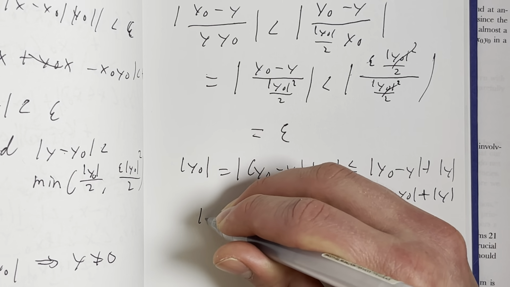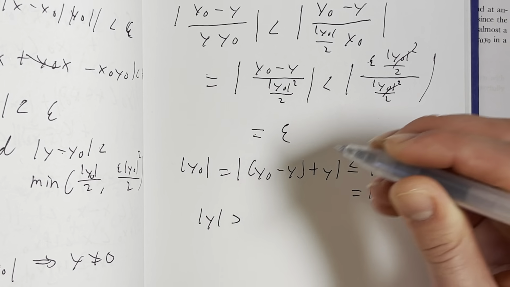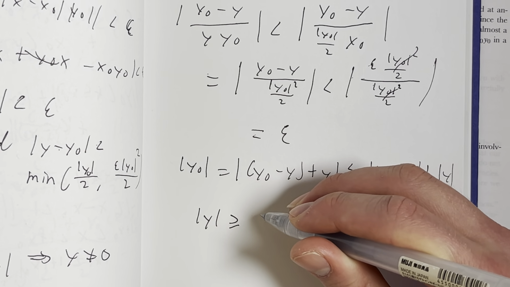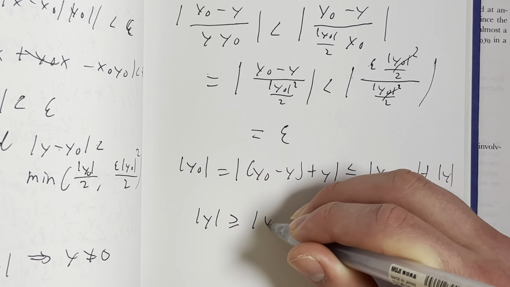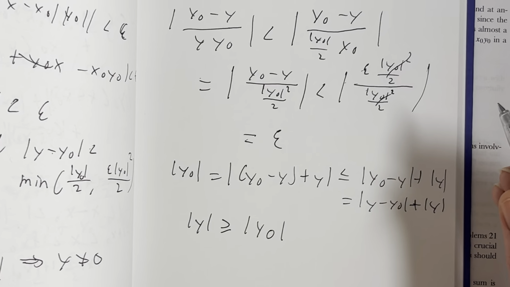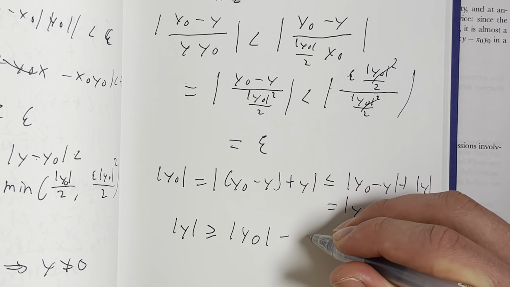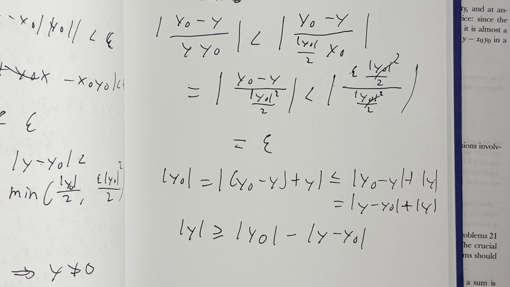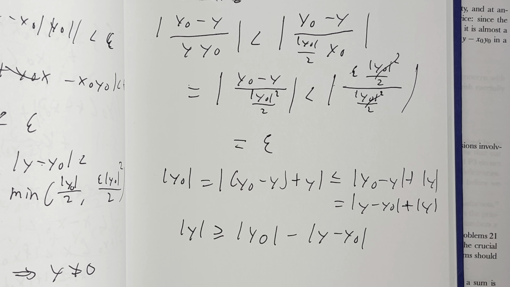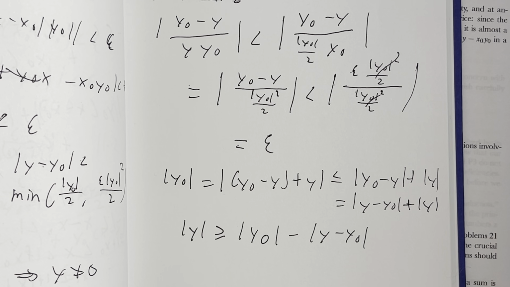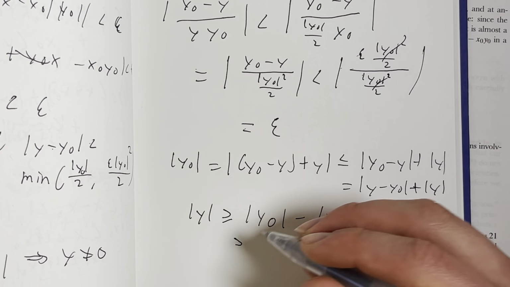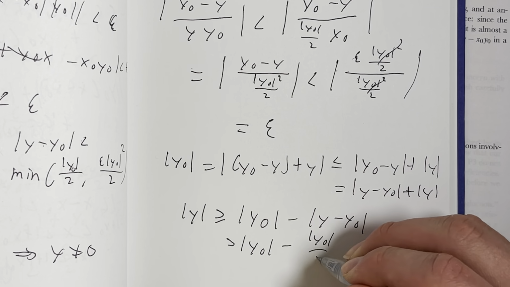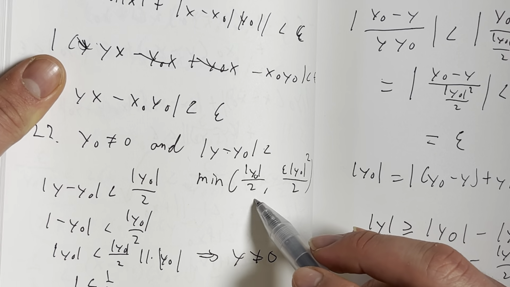And then, thus, we find that the absolute value of y is greater than or equal to the absolute value of y0 minus the absolute value of y minus y0. And this is greater than the absolute value of y0 minus the absolute value of y0 over 2, because that was given here.